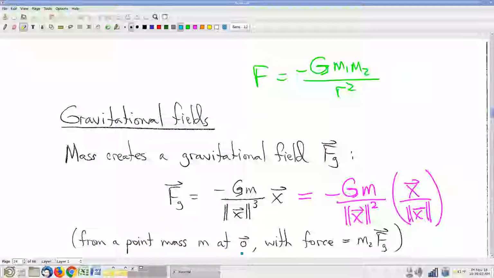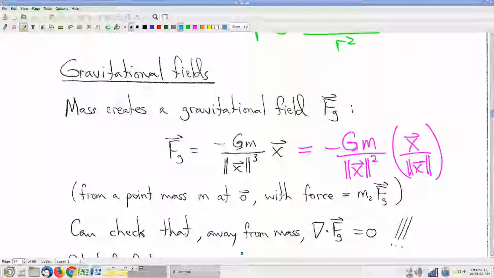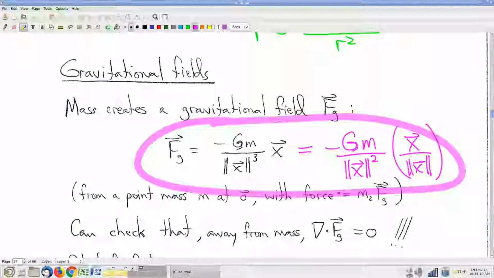Okay, so weird fact. You take this vector field, its divergence is 0 everywhere except for at the origin. Of course, at the origin, the vector field's not even defined.